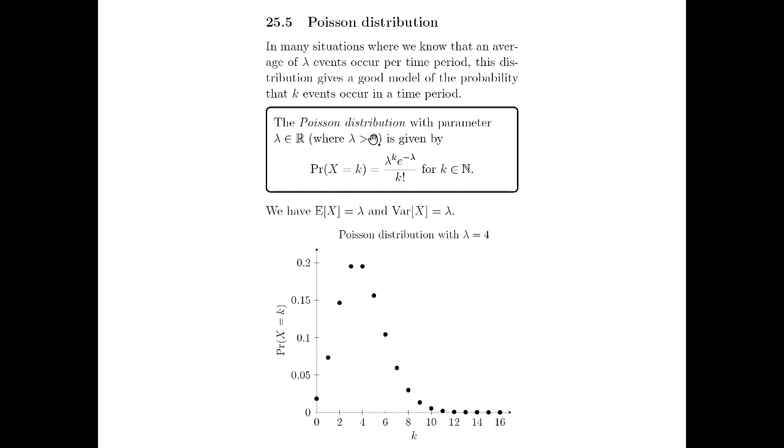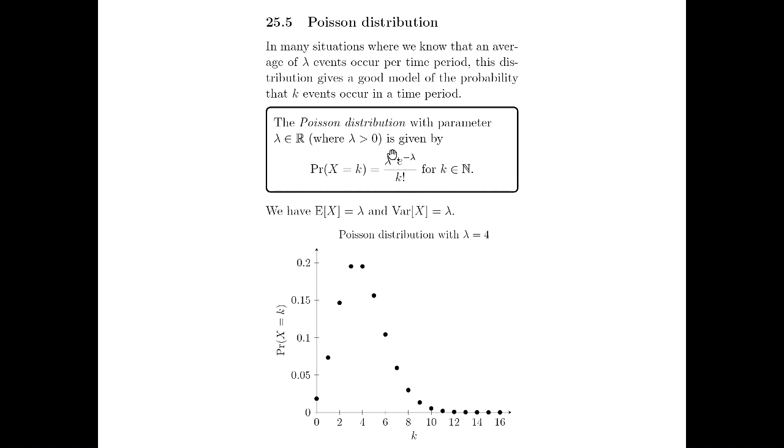The actual way to think of it is imagine that, like with calls to a call center, there are a huge number of people out there, but they all only have a very small chance of making a call to the center. This is what then happens in terms of the number of calls at the center. Okay, so it's got this slightly funky looking definition in terms of the probability that x equals k.